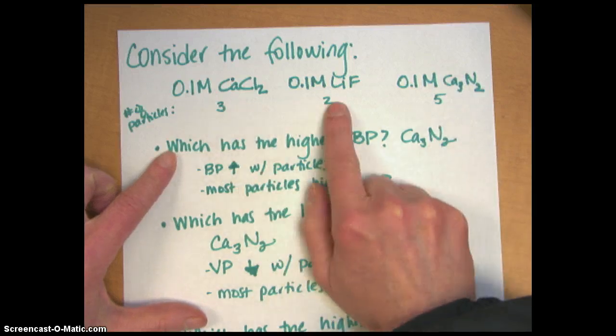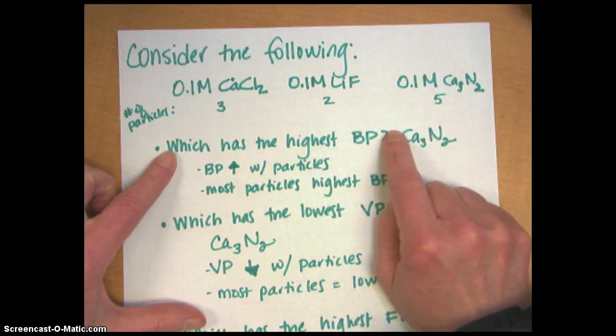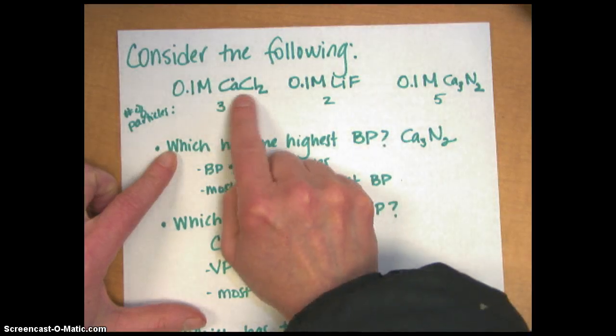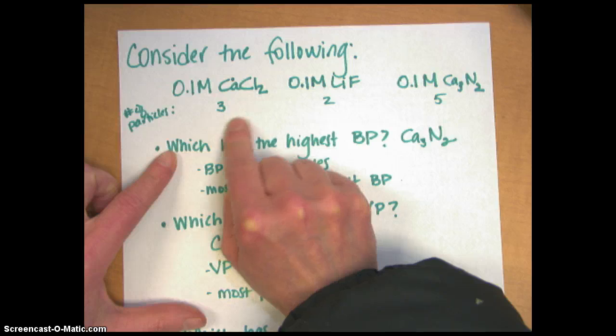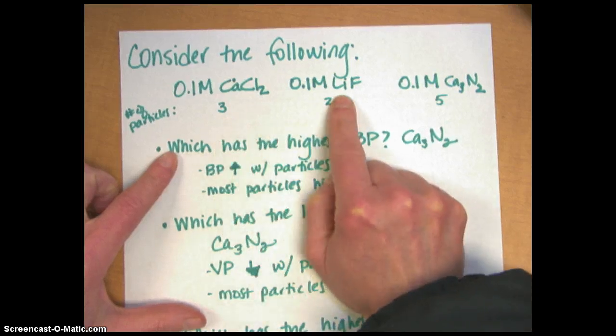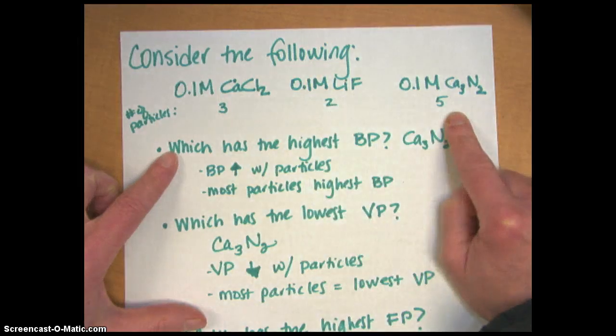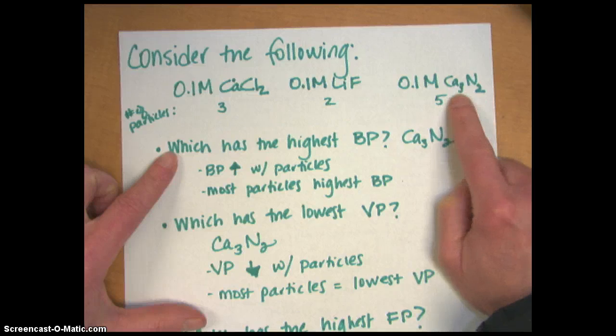Which of these is going to have a higher boiling point? Well, we have to count the number of particles. So calcium chloride has 1 calcium and 2 chlorine, so that's 3 particles. Lithium fluoride has 2 particles, and calcium nitride has 3 calcium, 2 nitrogen, so that's 5 particles.